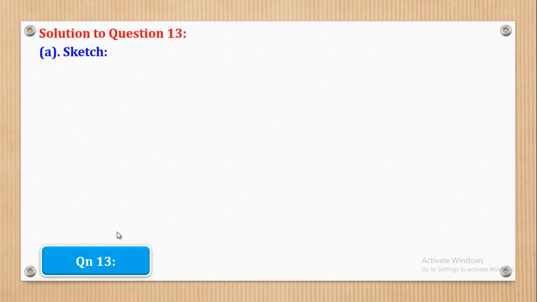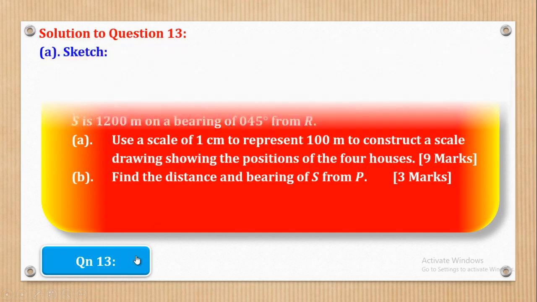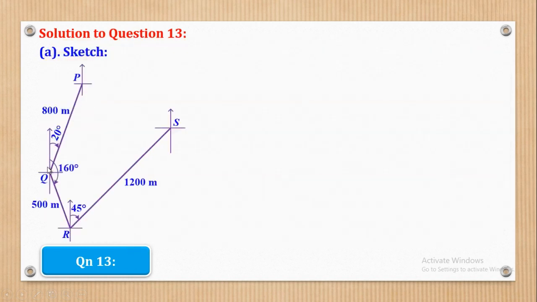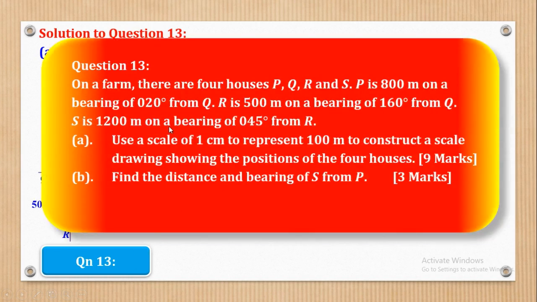The first thing to do before you draw an actual diagram is to make a sketch. So this will be our sketch, and how does it come about? First, P is 800 meters on a bearing of 020 degrees from Q. What does that mean?